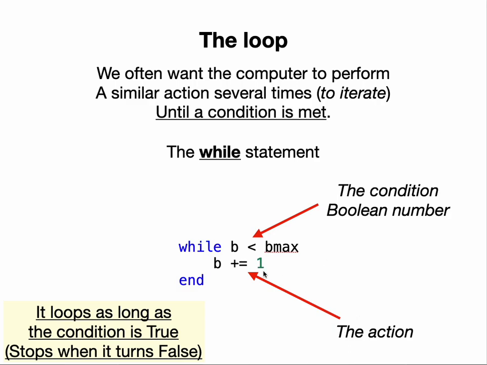And the action which we're doing here, we are incrementing b. So each time you go around the loop, b will receive an addition by 1. It will loop as long as the condition is true. It will stop when the condition turns to false.